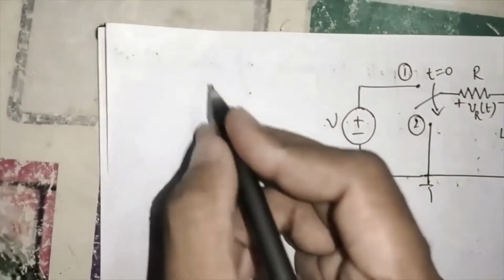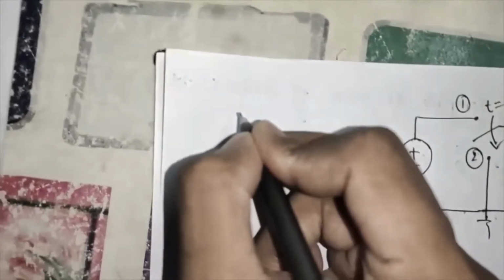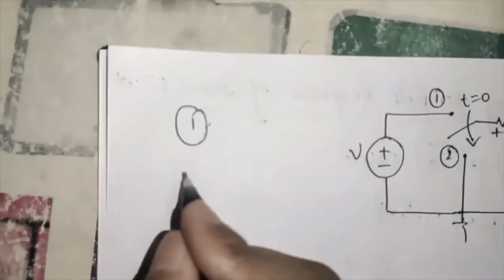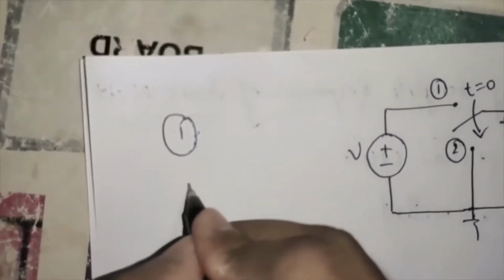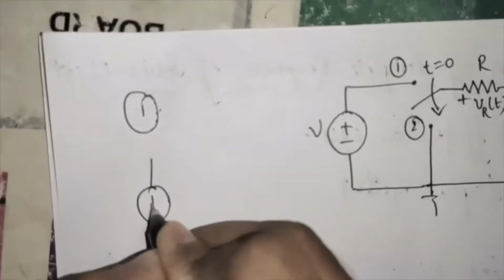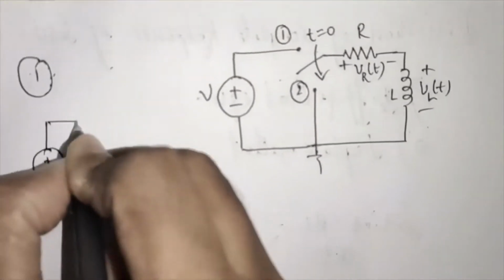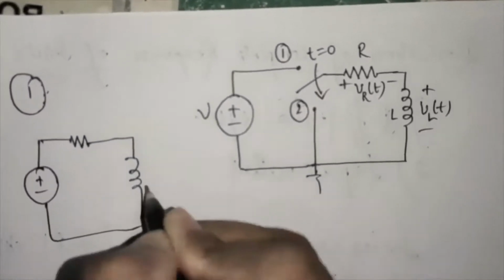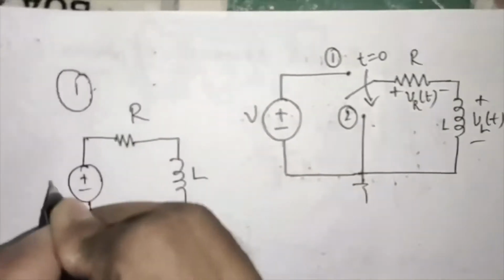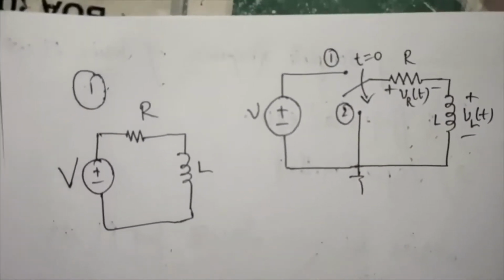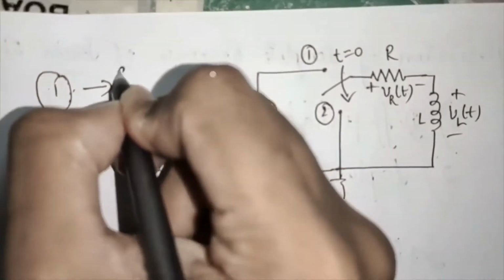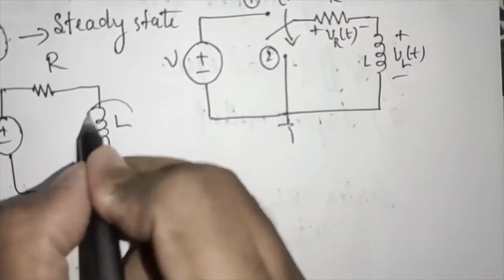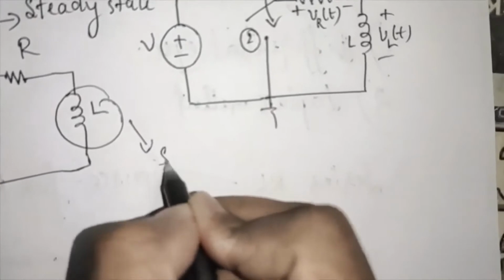So when the switch is at position 1, we have a voltage source connected in series with R and L. Since at position 1 the circuit is in steady state, the inductor will act as a short circuit.